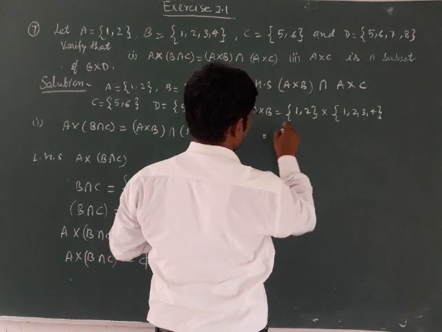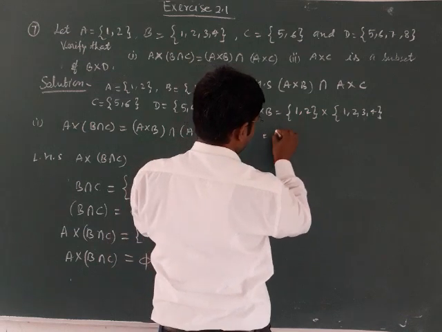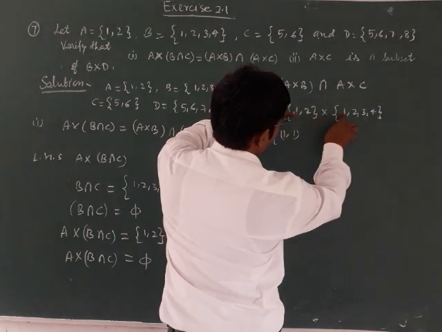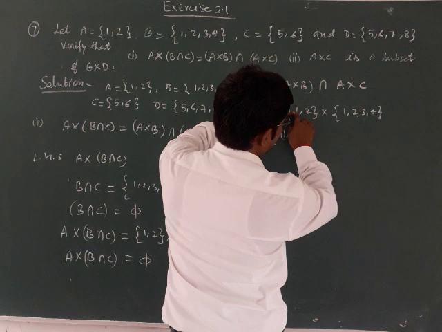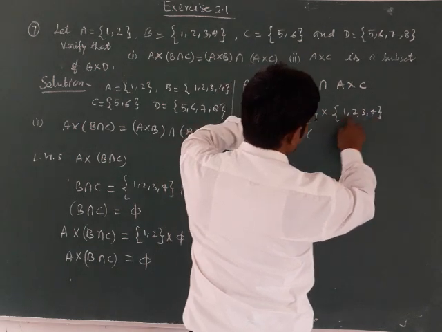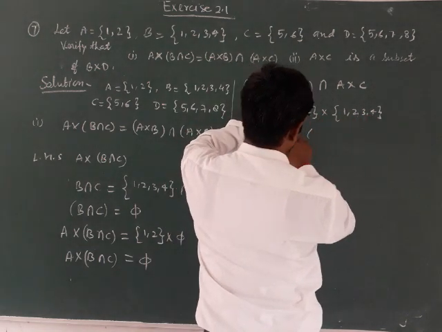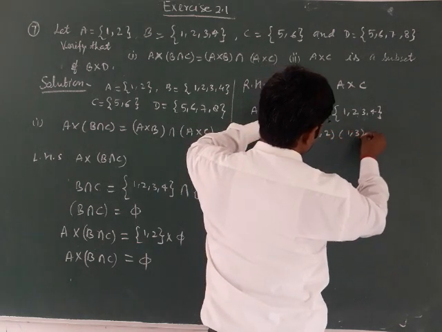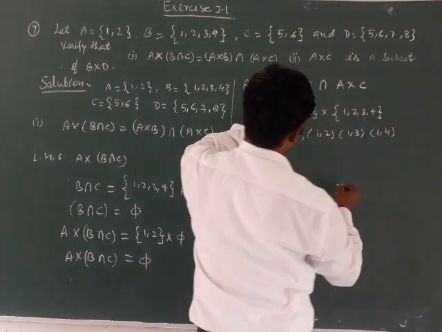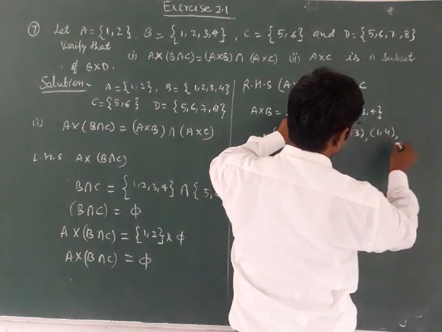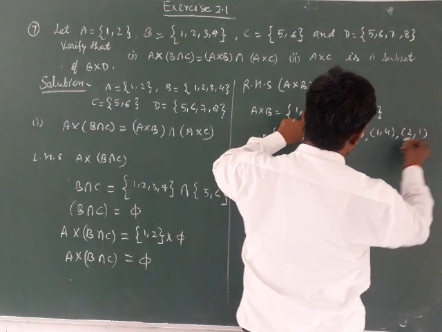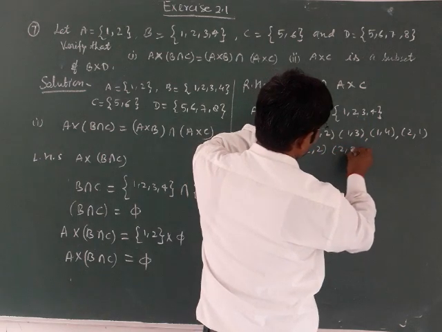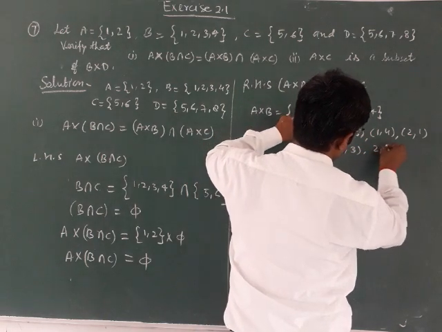So the ordered pairs of A cross B: we take 1 as the first component and the second components separately: 1, 1 and 1, 2 and 1, 3 and 1, 4. And also taking first component 2: 2, 1 and 2, 2 and 2, 3 and 2, 4.